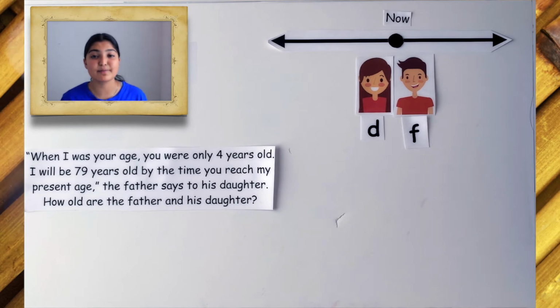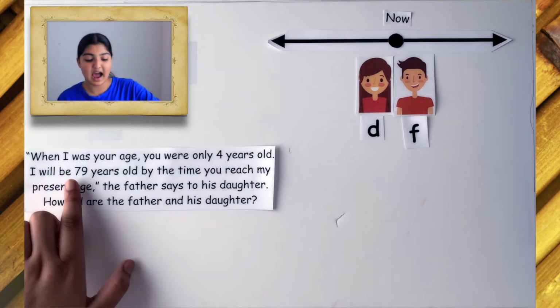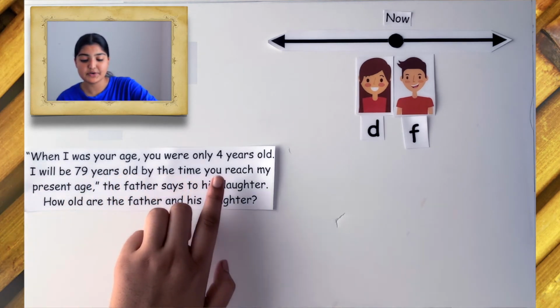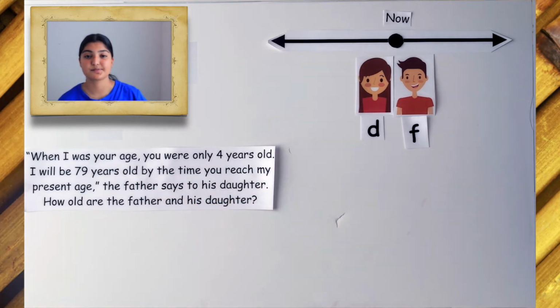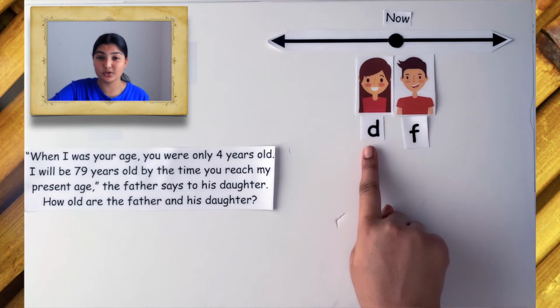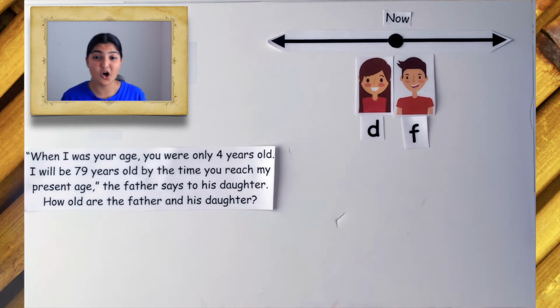Now, let's look back at the problem. "When I was your age, you were only 4 years old." In other words, when the father was D years old, the daughter was only 4.